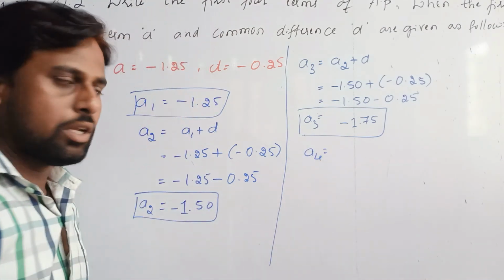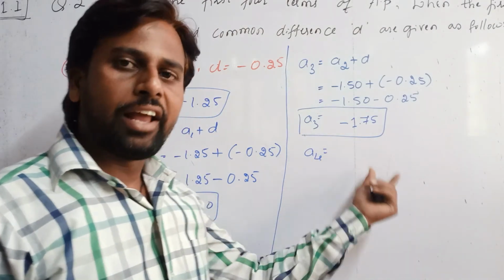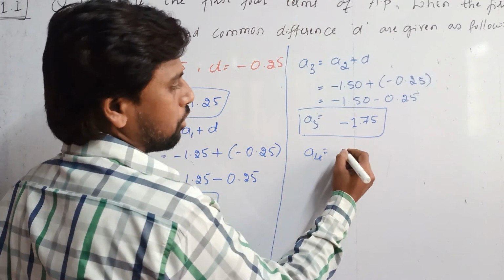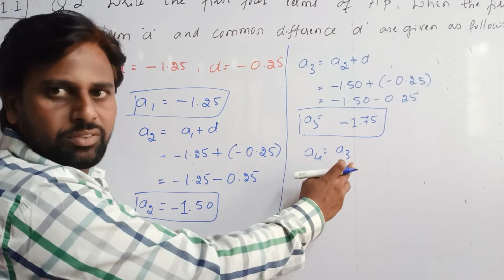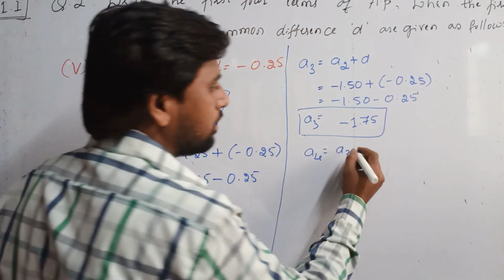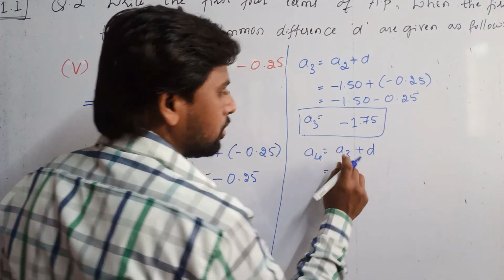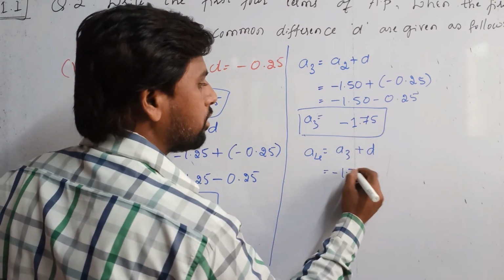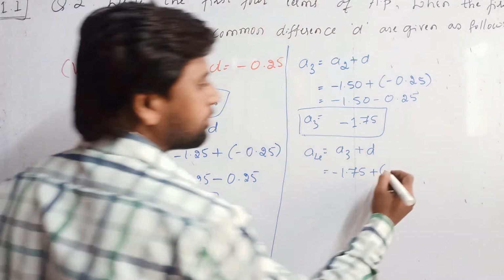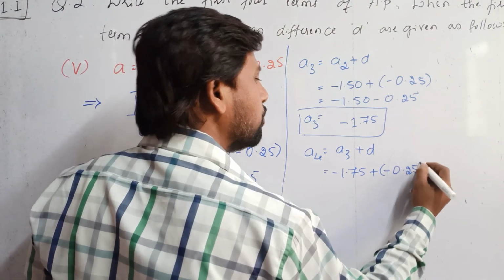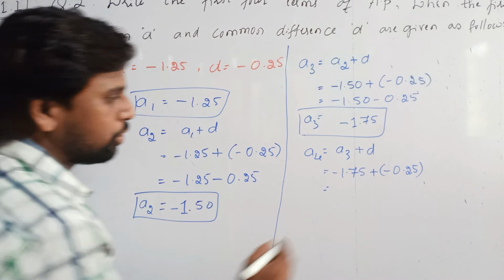Same way we should find what here again? A4. Obviously whenever you are finding the next term, you should add the common difference to the preceding term. So for A4 the preceding term is what here? A3. In this you should add what? Common difference. So A3 is how much here? Minus 1.75. Here again plus common difference is how much? Minus 0.25. So again what you should do here?